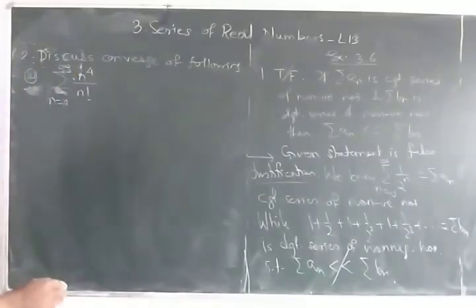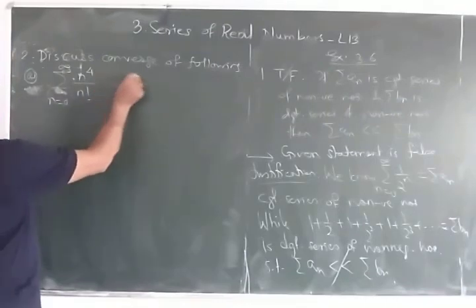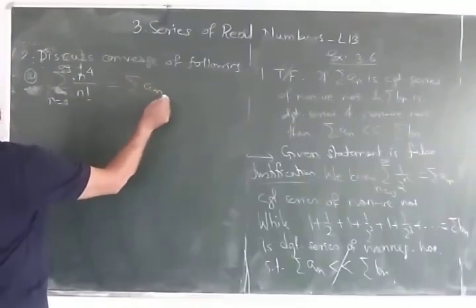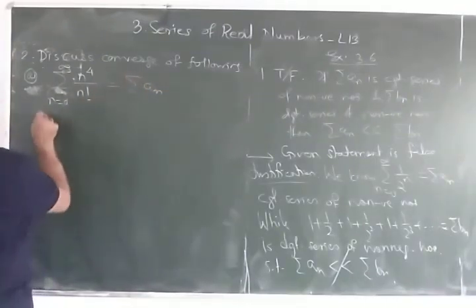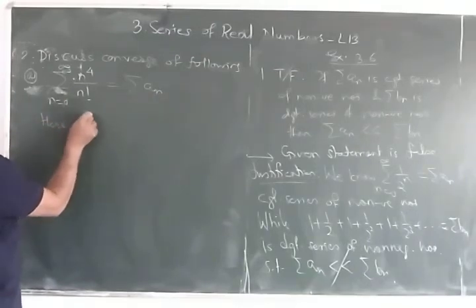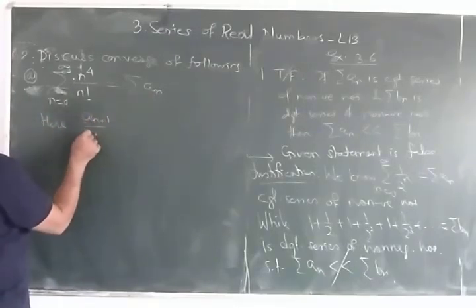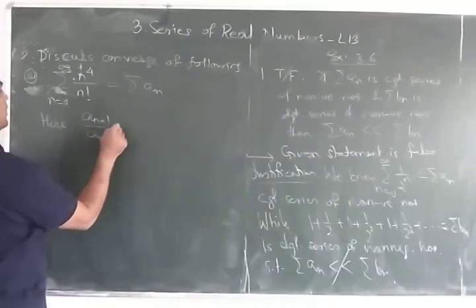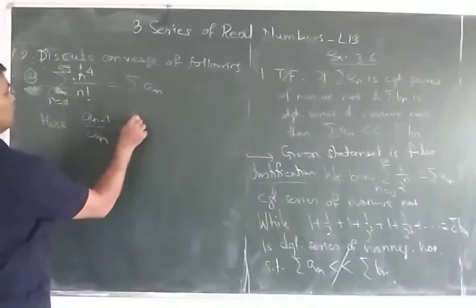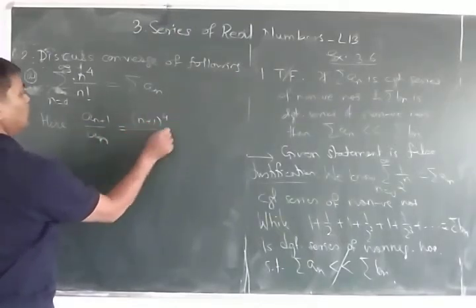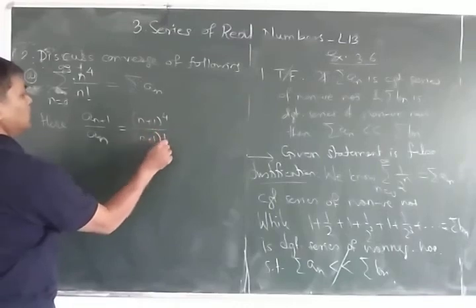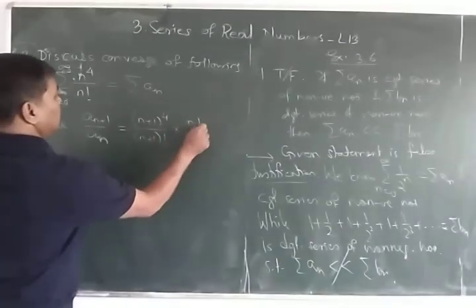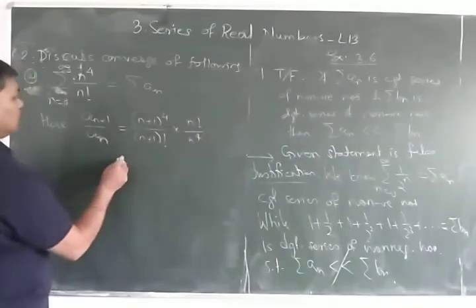If I denote this by summation an, here an plus 1 upon an, as terms are positive, so I am not giving modulus sign. So (n plus 1) raised to 4 upon (n plus 1) factorial into n factorial upon n raised to 4.